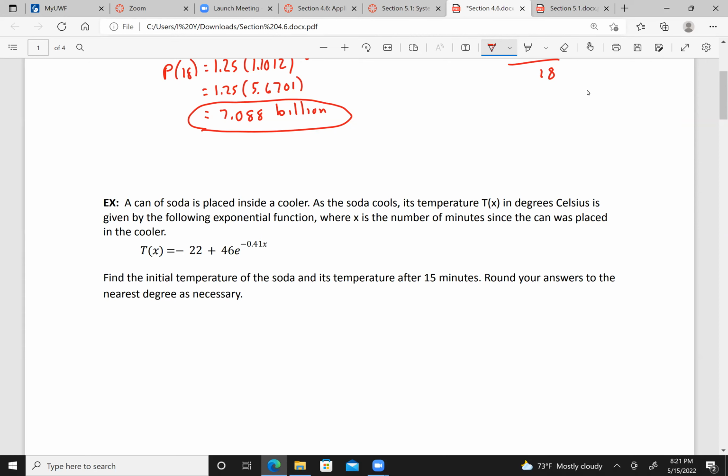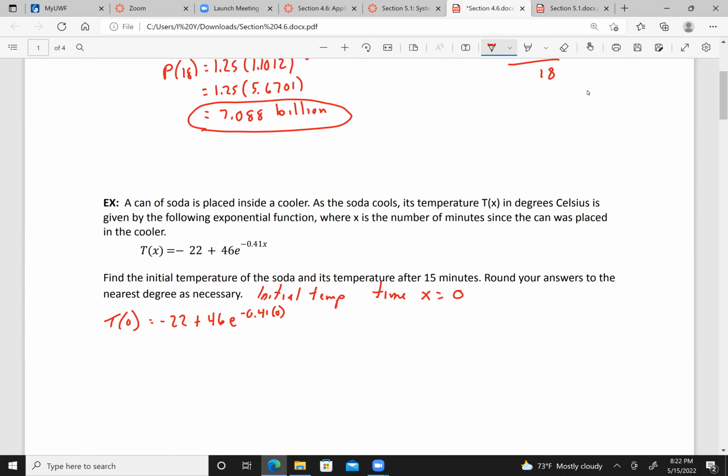Well, the initial temperature would be at time x equals 0. So we would have T of 0 equals negative 22 plus 46 e to the negative 0.41 times 0.